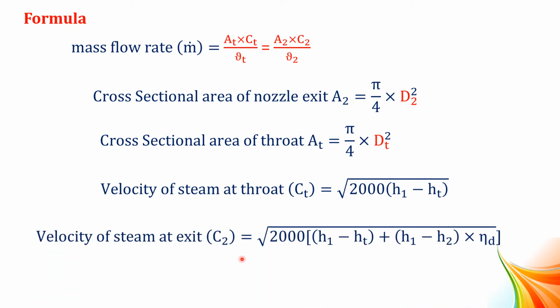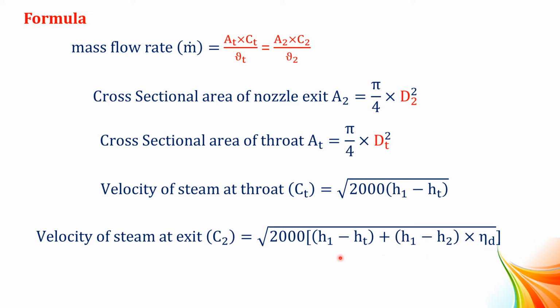Velocity of steam at the exit of the nozzle C2 equal to square root of 2000 into h1 minus ht plus h1 minus h2 into eta d. So the loss is in the divergent part only.